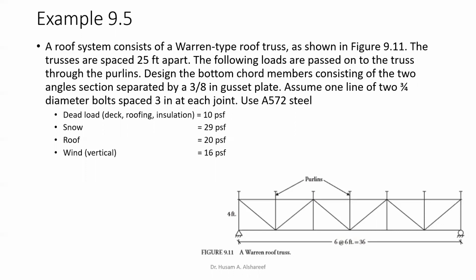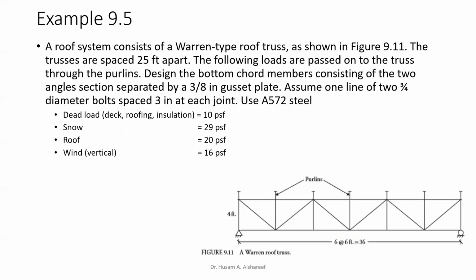As you can see, we have 5 types of loads. Now, I want to remind you of the load combinations. We went over the load combinations in part 1, and according to that, you should use your cases. Now we have a dead load of 10 PSF.